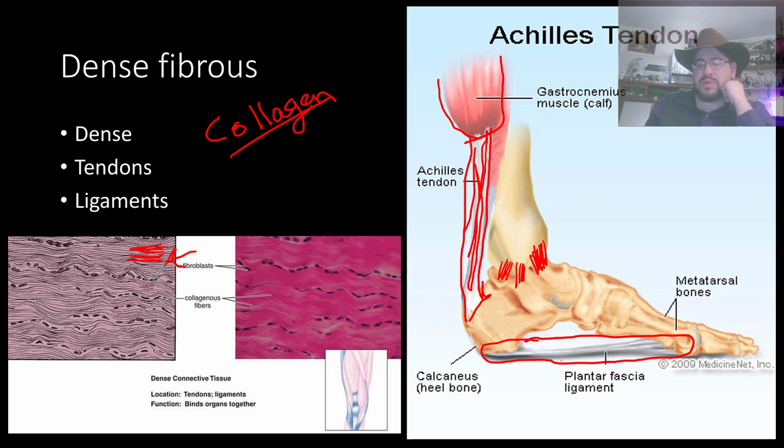And that's the plantar fascia ligament, and it helps stabilize any moving joint.